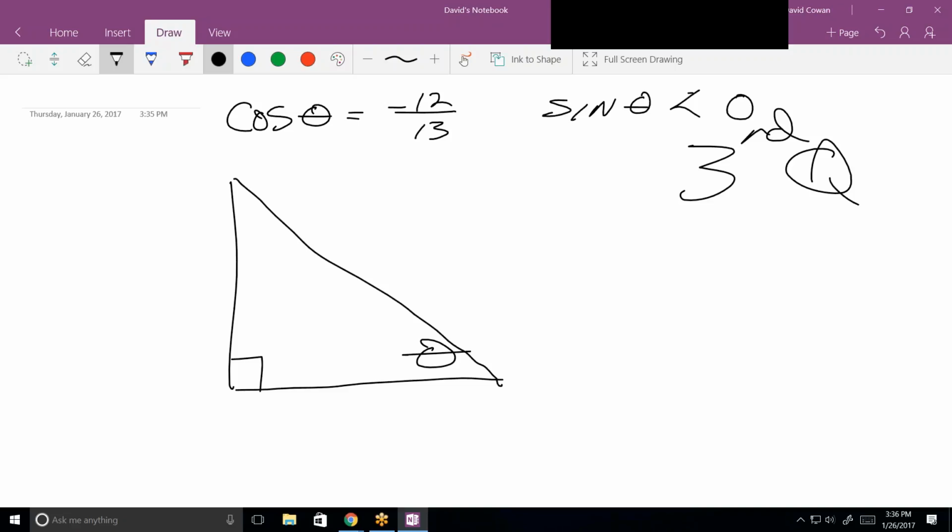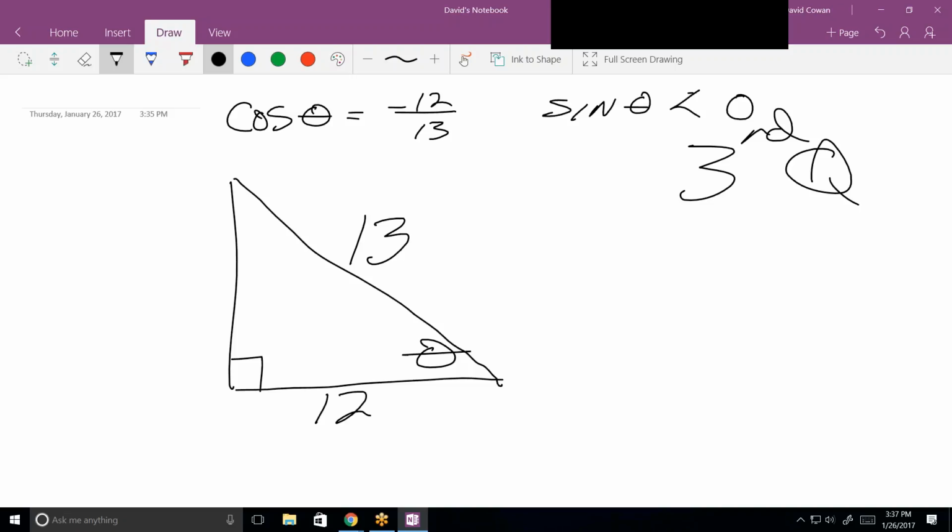What's the adjacent? The adjacent one is 12, negative 12. No, just 12. Don't worry about the negative yet. In other words, when I say draw a triangle, I'm drawing it in the first quadrant, basically, but I'm really just drawing a geometric triangle. And this has to be 13, right? Yeah, because the cosine of theta is 12 over 13.